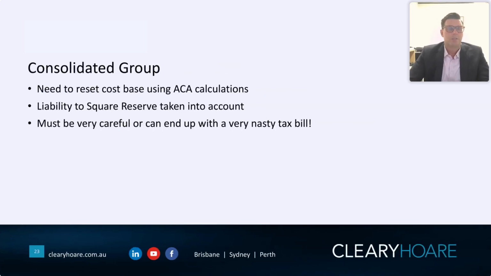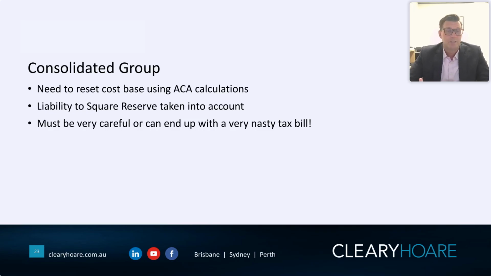Again, if we're forming a consolidated group, we need to run through our ACA calculations. Now, if you remember from our first example, one of our first steps is, well, what has the head company paid to get the shares? When we're using a rollover, that figure is really nothing. It hasn't actually paid anything to get the shares.